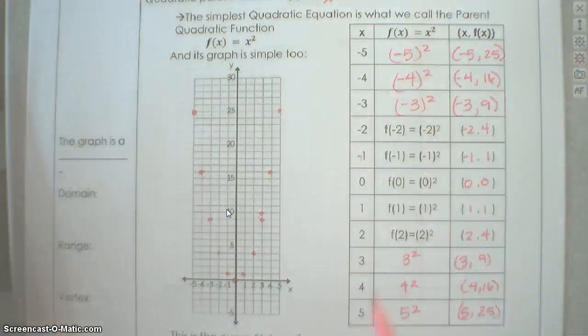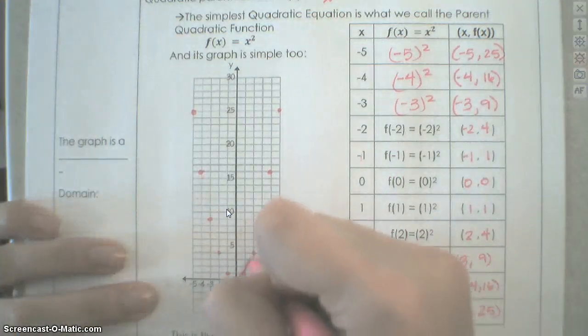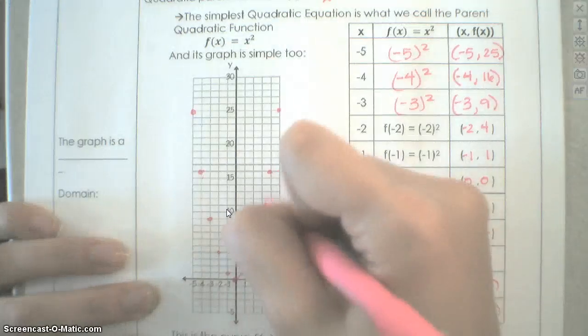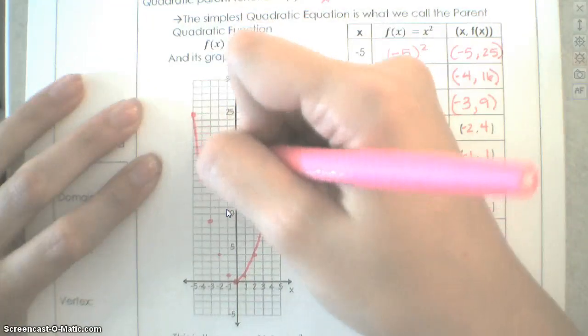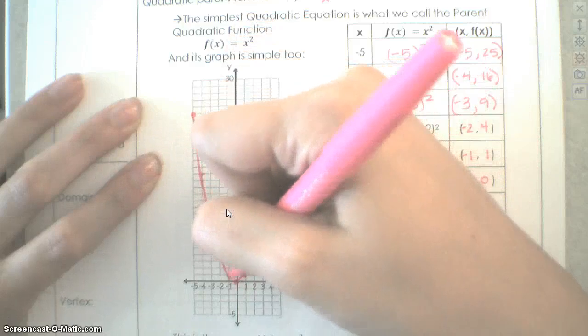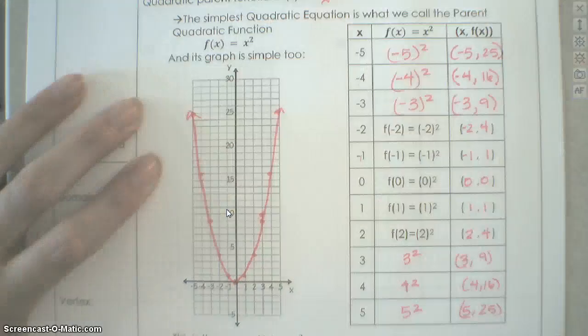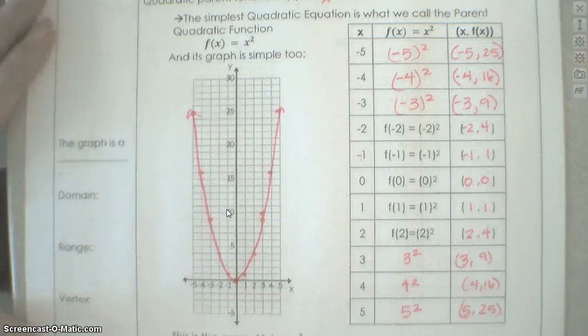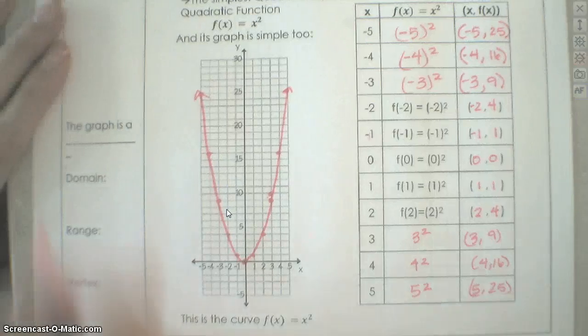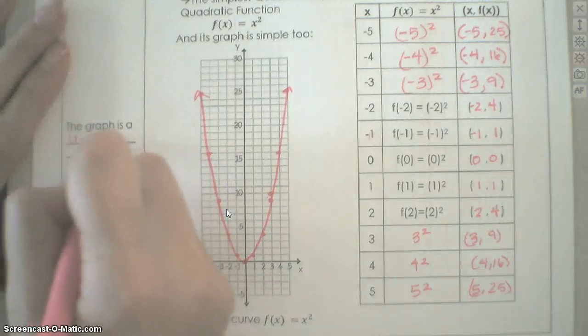So now I'm going to go ahead and draw my U. And there is my x squared parent function. So this graph is a U shape.